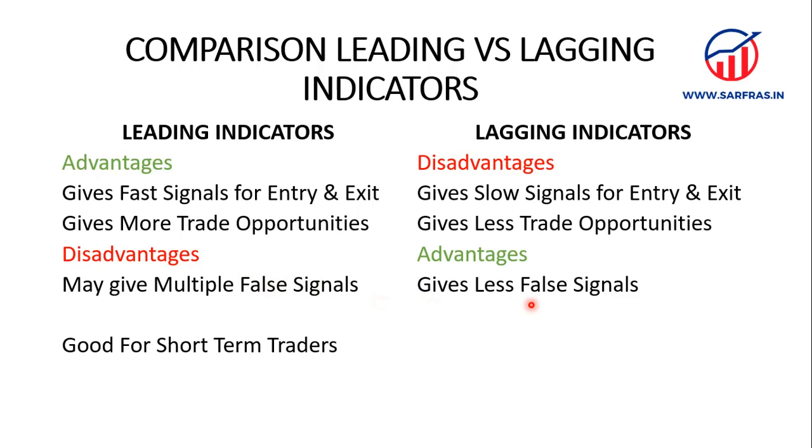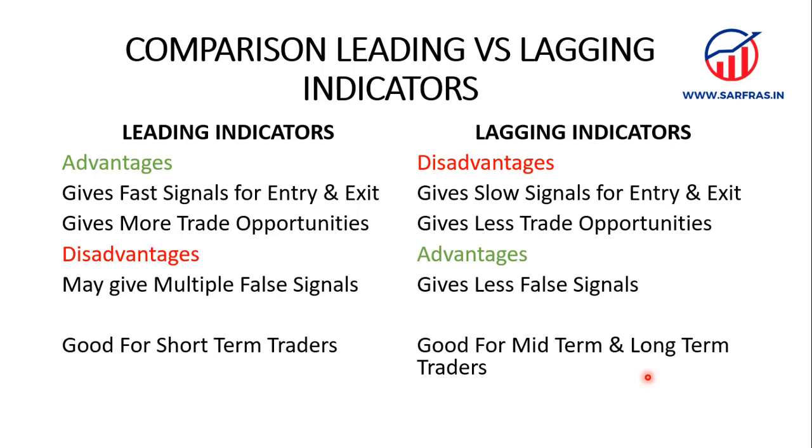This is lesser in the case of the lagging indicator, because the indicators plot after a certain time. So you might have fewer stop losses being hit, and it helps you save your capital. It's also an advantage for mid-term and long-term traders who wouldn't want to do multiple trades a day, and who don't want to take the pressure of entry, exit, and doing multiple trades.